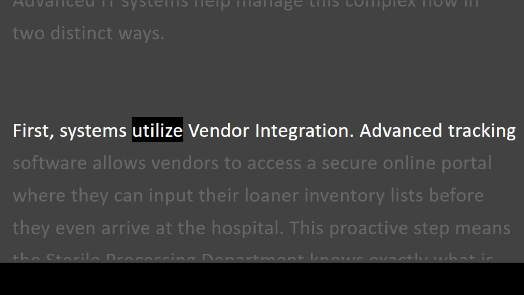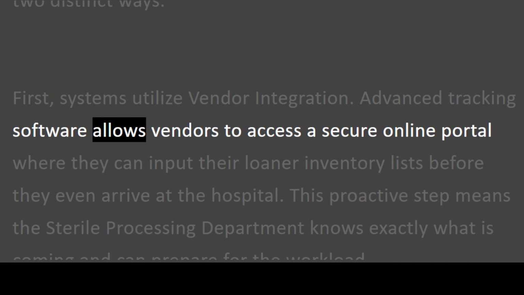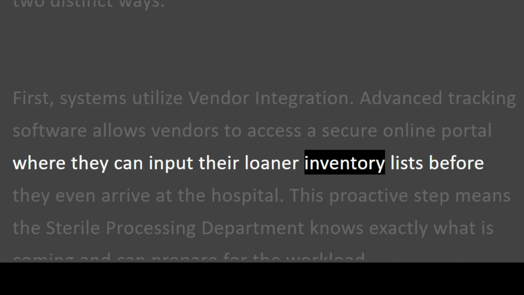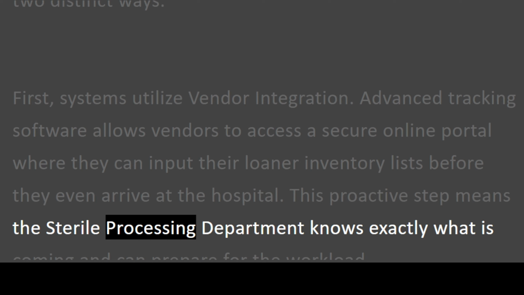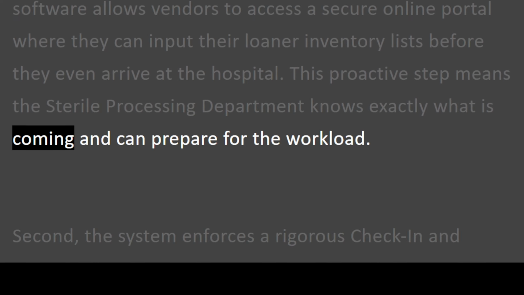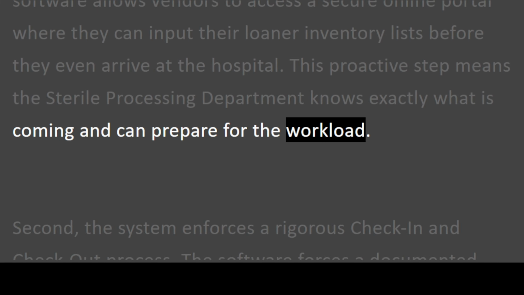First, systems utilize vendor integration. Advanced tracking software allows vendors to access a secure online portal where they can input their loaner inventory lists before they even arrive at the hospital. This proactive step means the sterile processing department knows exactly what is coming and can prepare for the workload.